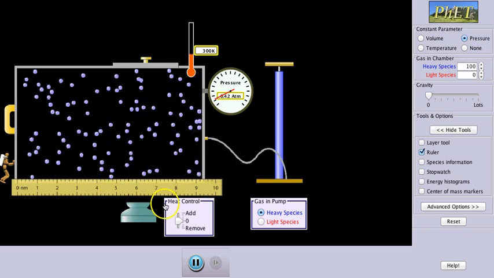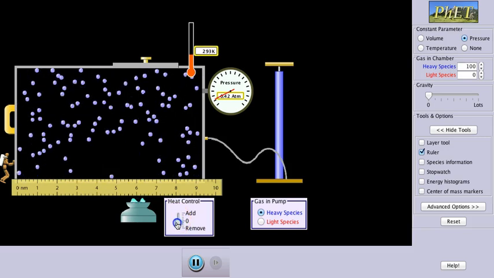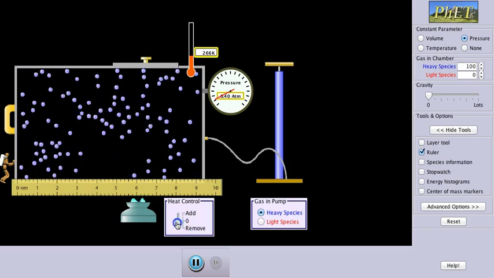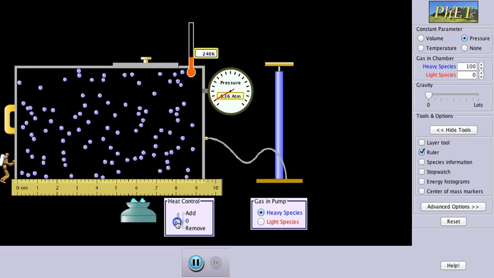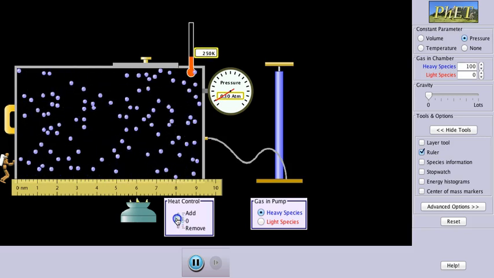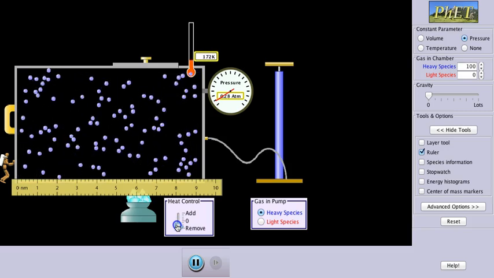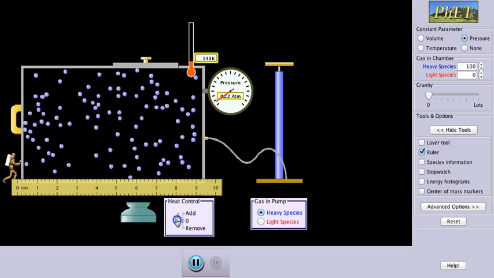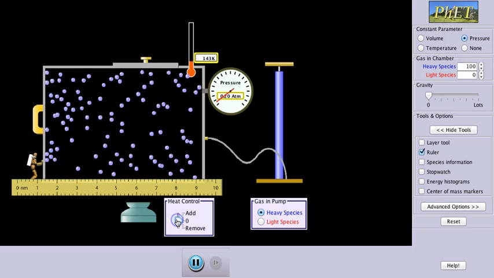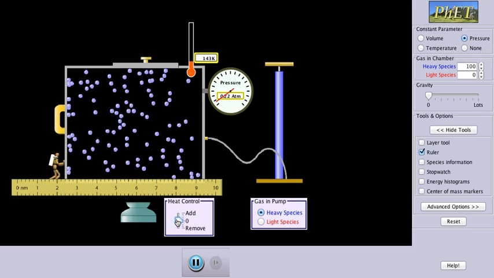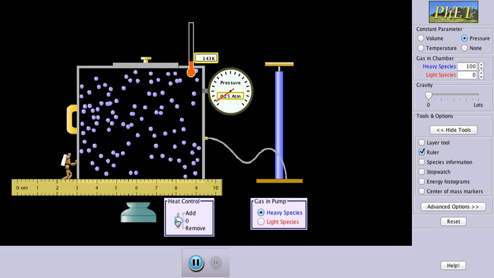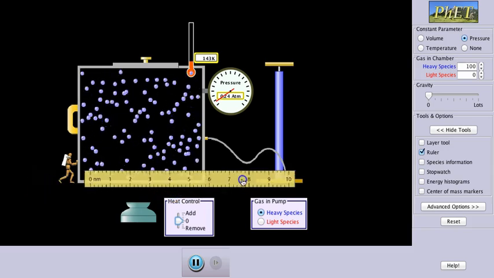Let's now remove some of this heat. And get a second data point.